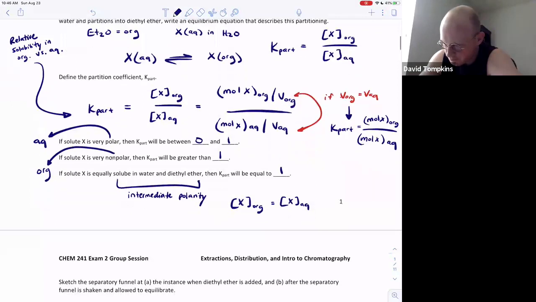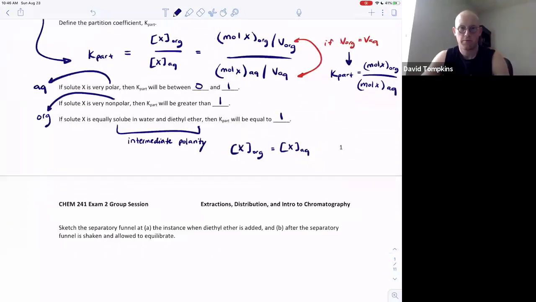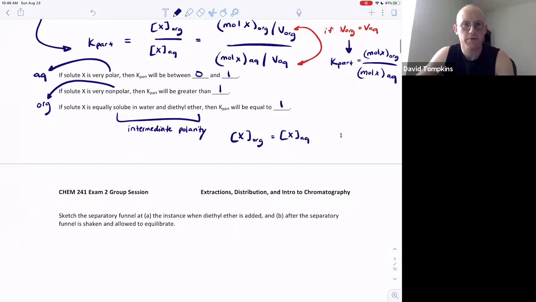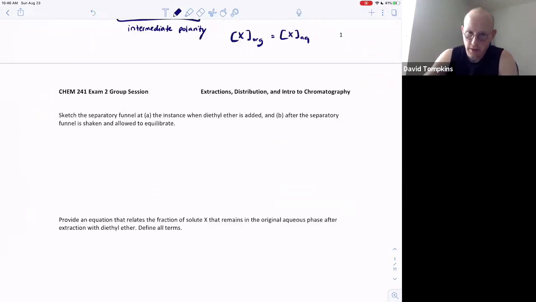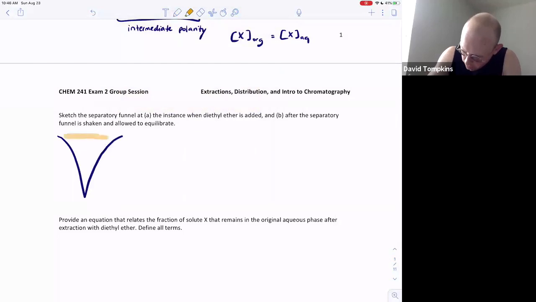Okay. So I wanted to look more at a pictorial representation of what's going on when we do a liquid-liquid extraction. I'll sketch here the separatory funnel, which is generally going to contain an organic layer on top, assuming the organic is less dense, and then an aqueous layer on the bottom.